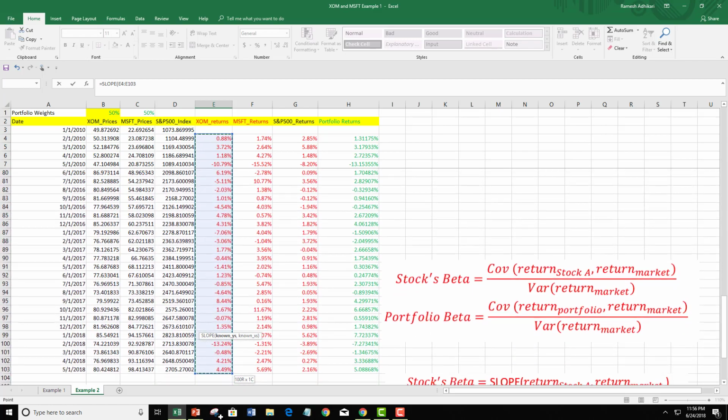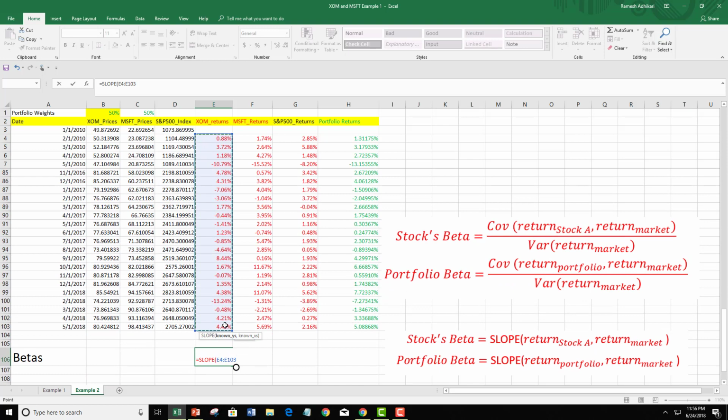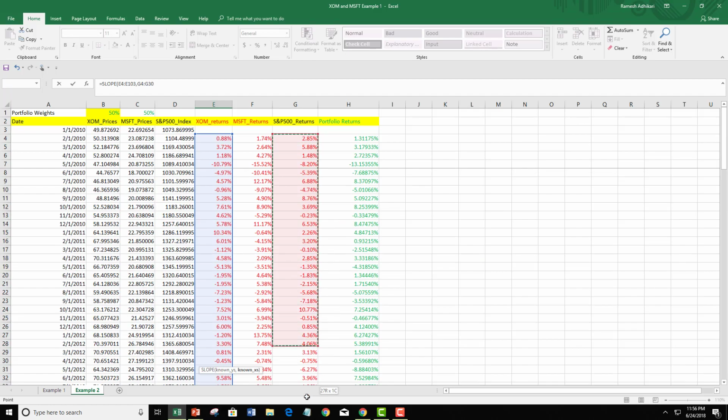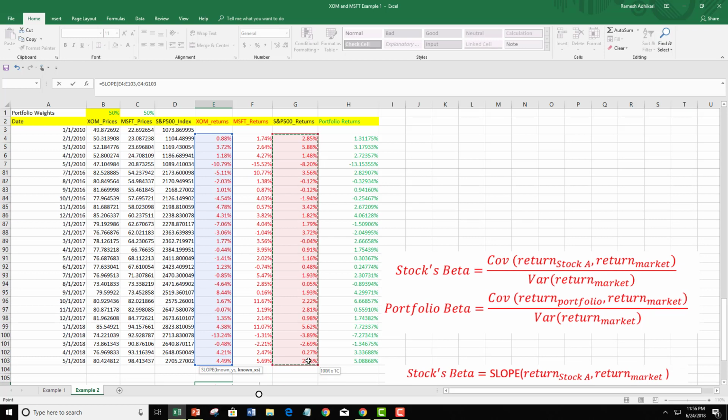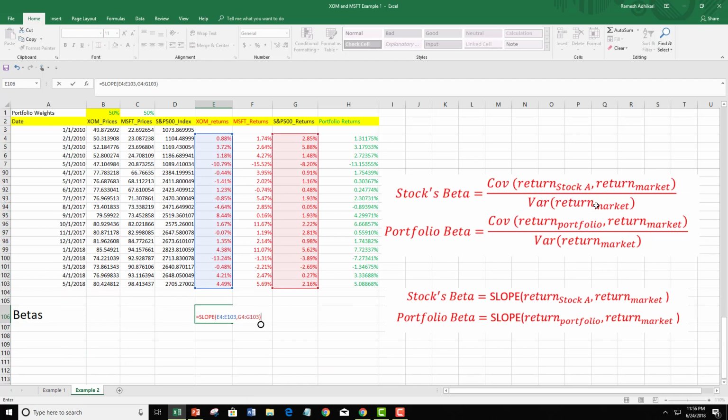XOM and comma return of the market, and we are using S&P 500 index as a market proxy, so we can choose its return as a market return. So once you choose this, right, you can close the bracket and hit enter, and that gives you the beta for XOM, ExxonMobil.